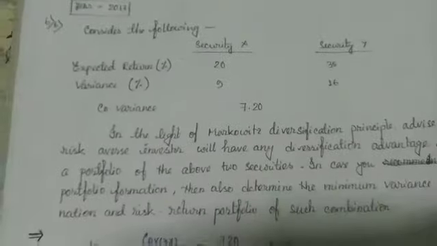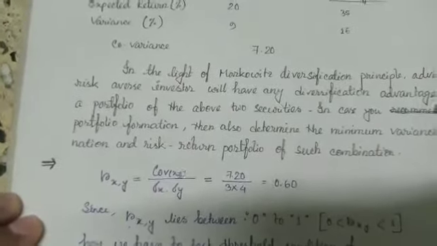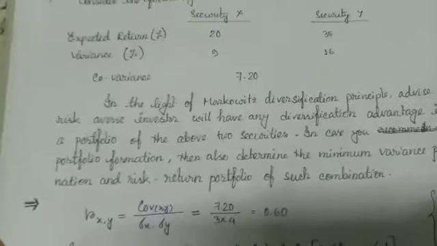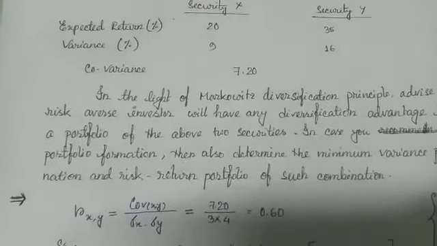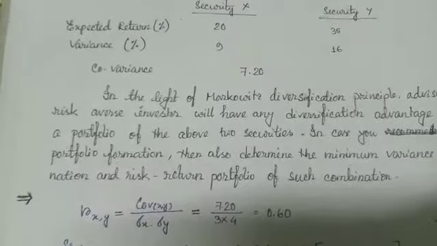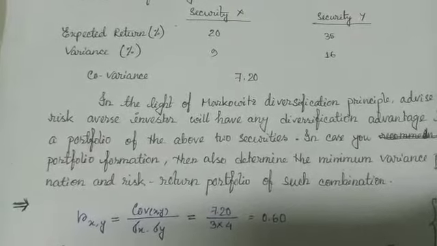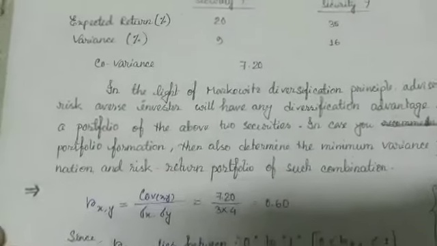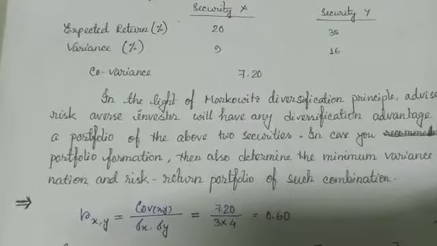And we know that the formula for determination of the correlation coefficient between the two securities is Rxy equal to Cov xy divided by sigma x into sigma y. Here Cov xy is 7.2, that is given in the question, and sigma x and sigma y are also known, and by putting all these values we have Rxy equal to 0.6.